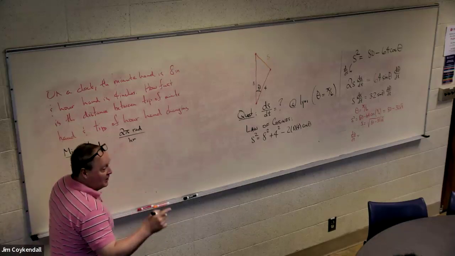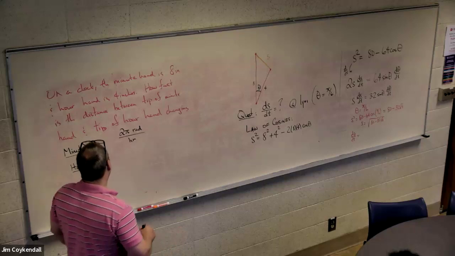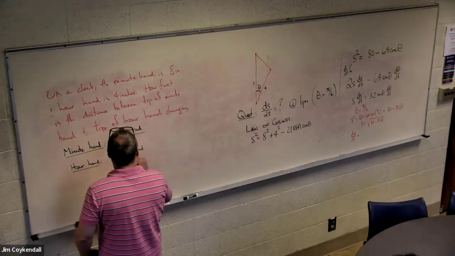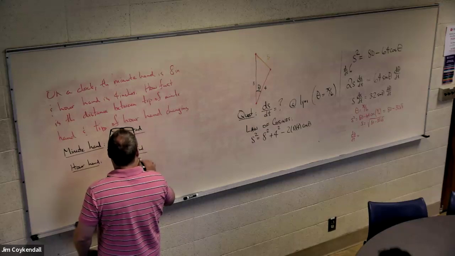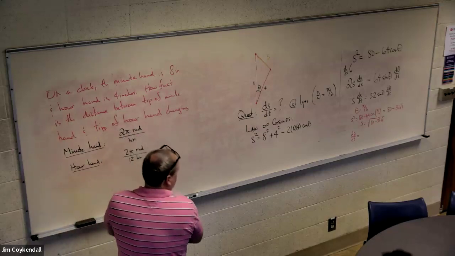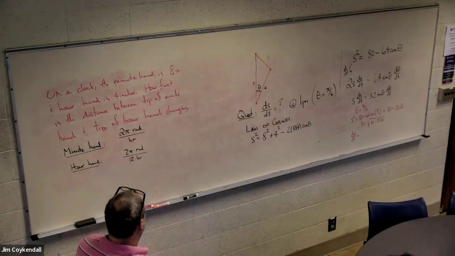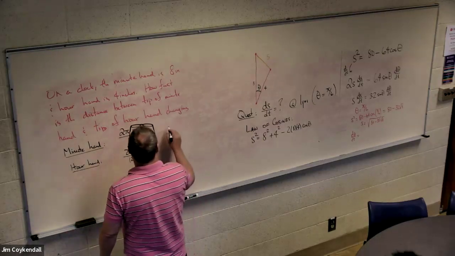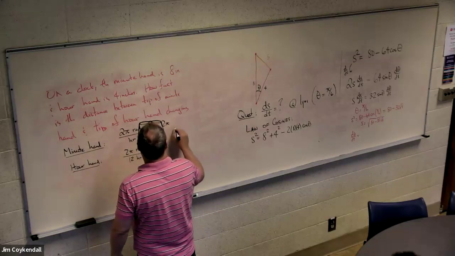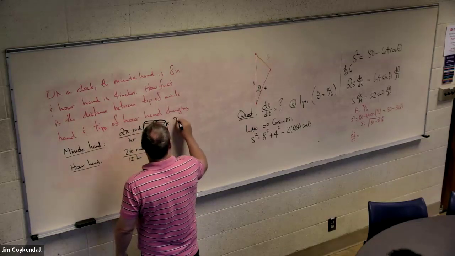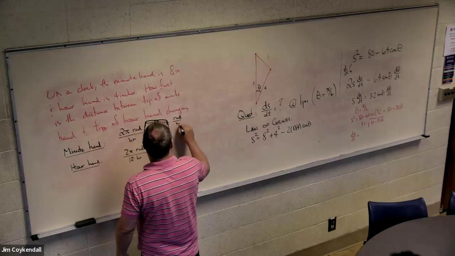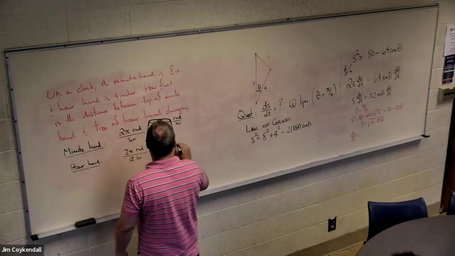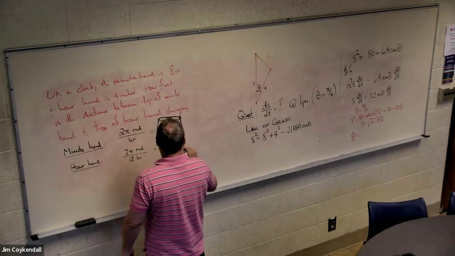Oh, yeah, good, that's right. It's not 24, it's 12, right? The hour hand goes 2 pi radians in 12 hours. So this is 2 pi radians per hour, and this is pi over 6 radians per hour.